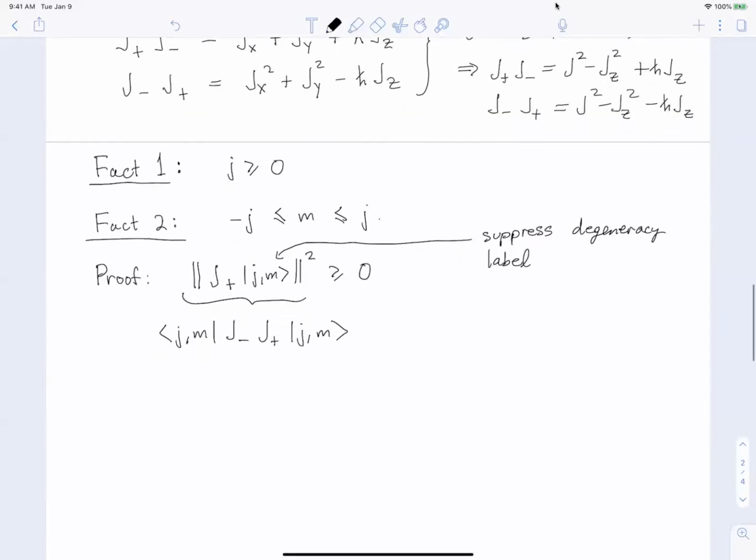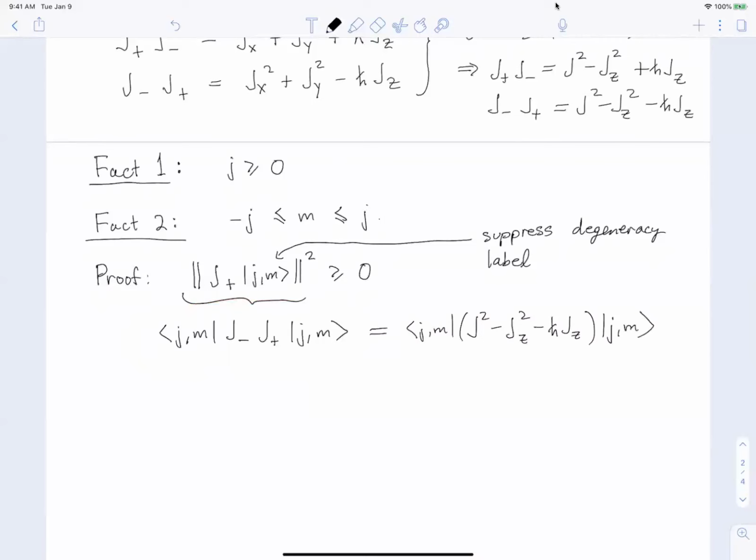Okay, so anyway, this combination we have figured out has to be greater than or equal to 0, but now we can compute it using some of the tools we wrote above. So I'm going to choose to rewrite it as j squared minus jz squared minus h bar jz times j times m.